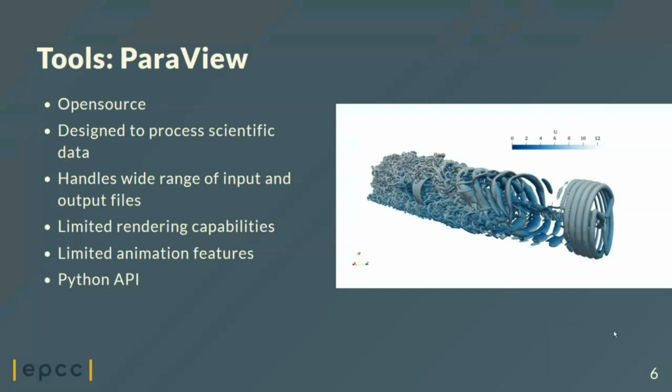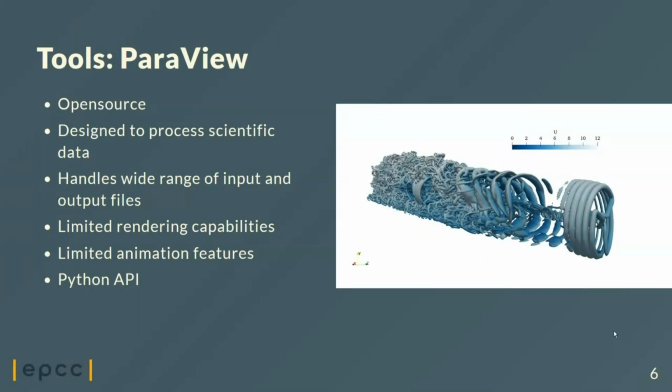People working in the CFD world, so 3D dynamic, often know about PowerView. PowerView, I believe, is what Andrew used for lots of the visualization you've seen just before. It's a tool designed to process scientific data. It can handle a wide range of input and output files, and most of the output data from scientific applications on HPC, PowerView will be able to open.